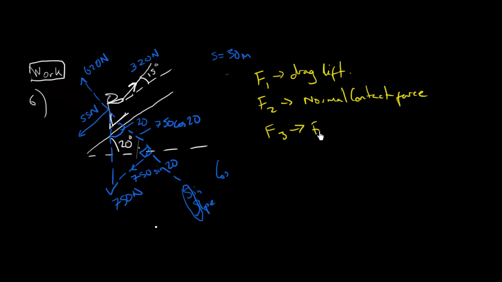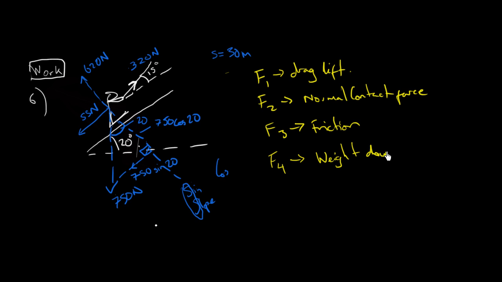F3 will be the friction, and F4 will be the gravitational component, the weight down the slope.